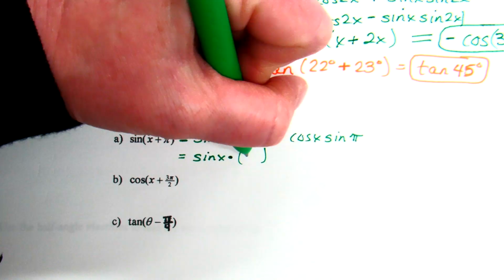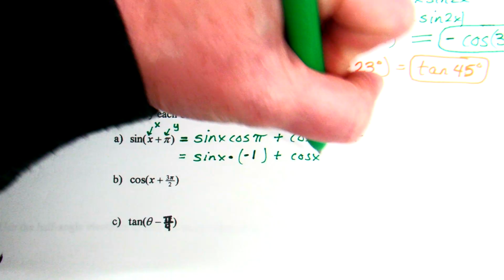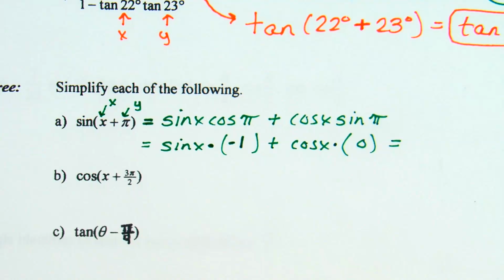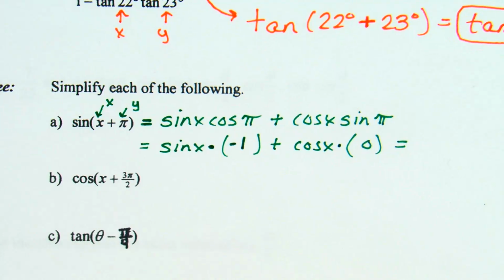So, sine x is going to stay sine x, times, what did we just say the cosine of pi was? Negative 1. Plus, cosine x stays cosine x. What did we just say the sine of pi is? 0. What does that clean up to be?